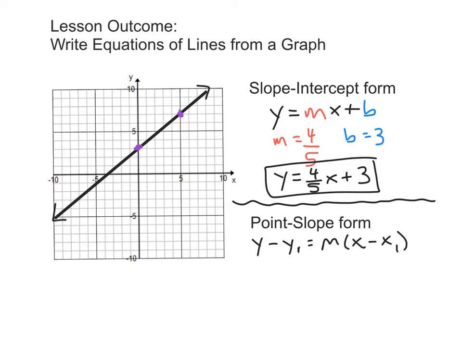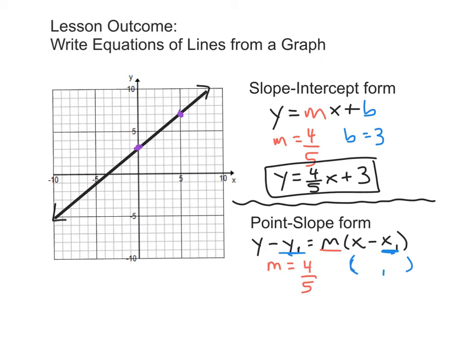So what we'll need to find in order to write this equation is m, the slope, and we will need to use our x1 and our y1 to write down a point that is on this line. First of all, we already found our slope by doing the first example with slope-intercept form, so I'm not going to count it out again, but we did count out that it was up 4, right 5, so 4/5.